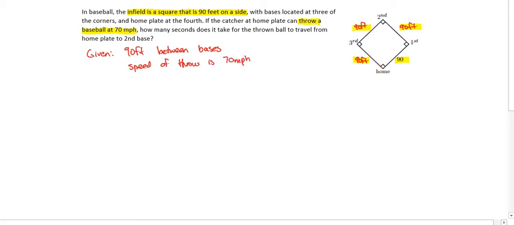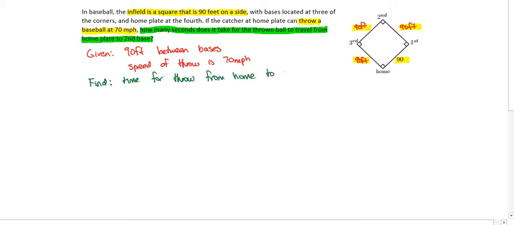And what we're trying to find is the time, how many seconds it takes for the ball to travel from home to second. So what we're trying to find is the time for the throw from home to second. And I'm going to make a bit of an estimate for how long this will take.